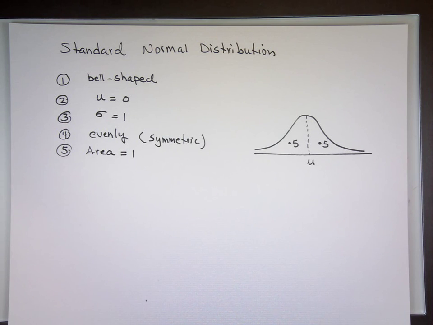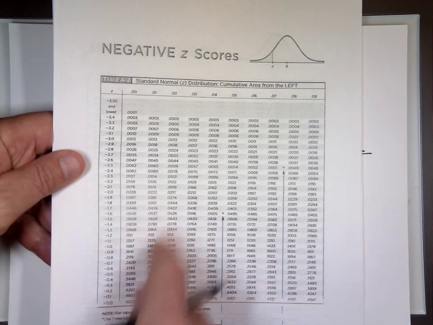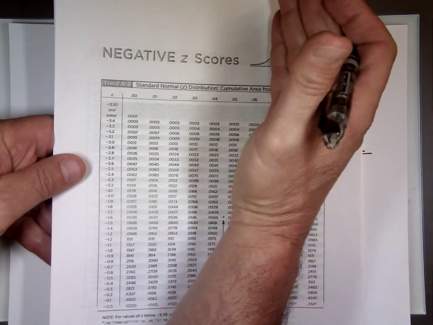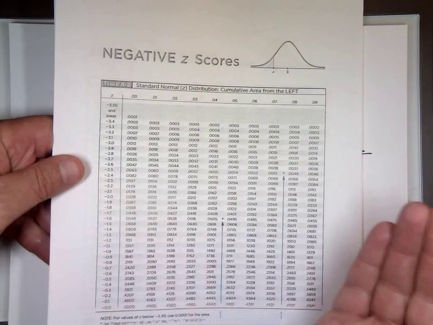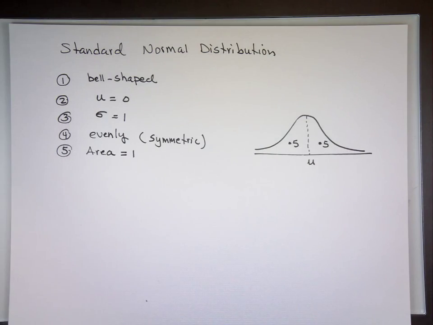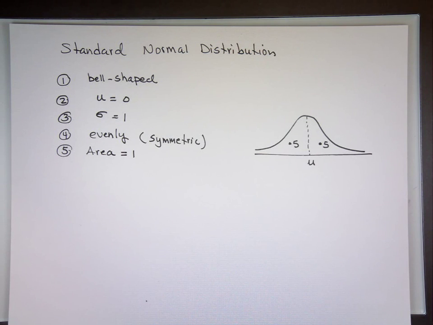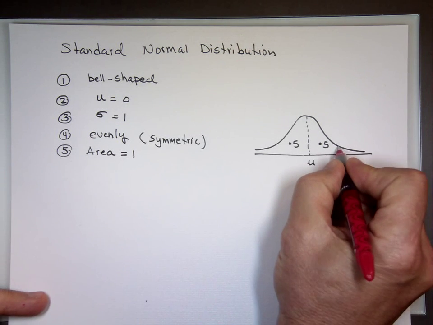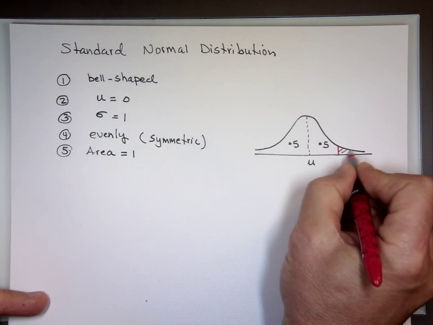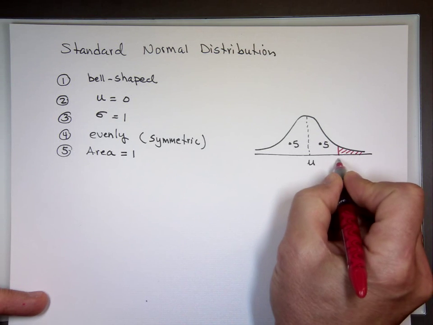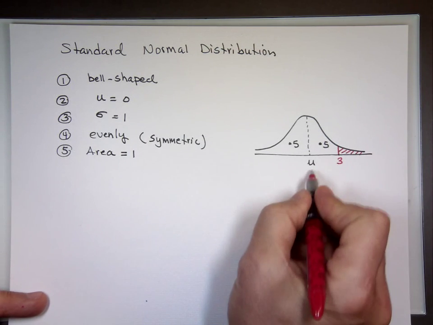Because in a few minutes, we're going to show you how to read the value using these charts, this table. The only problem with that table is it reads to the left of the value, not to the right of it, just to the left. So what if I need the value to the right of that? Could you do 1 minus the value? Well, I could. If I want this area, let's say this is 3 here. This is 0 here.